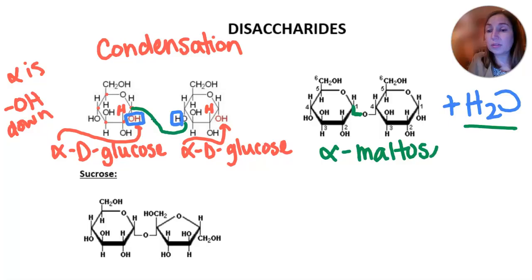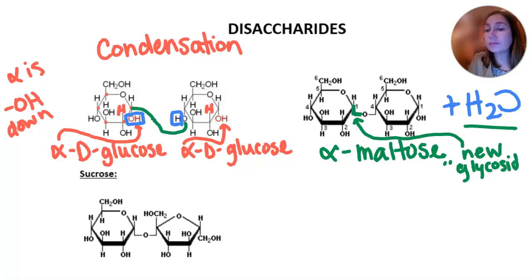Again, the carbon of one glucose is bonded to the oxygen of the next one to make maltose, and that is called our new glycosidic bond, sometimes called a glycosidic linkage. So let's label that as a new glycosidic linkage.